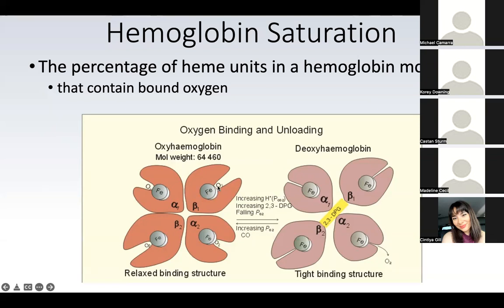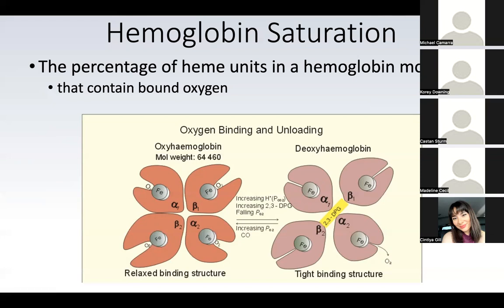So getting the first oxygen to bind to that first iron at that first heme group of each hemoglobin molecule is going to be the hardest. It gets easier until all iron ions are bound to oxygen.